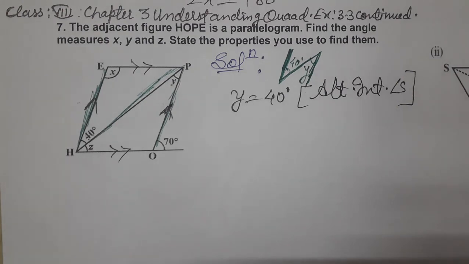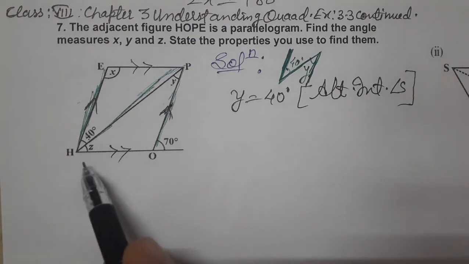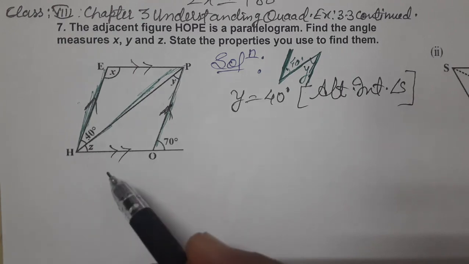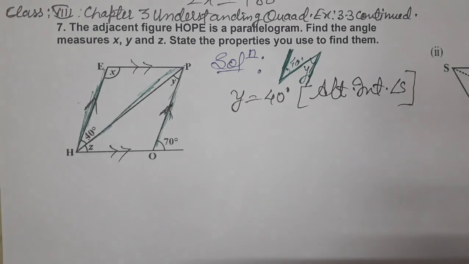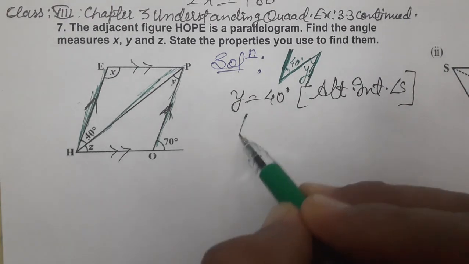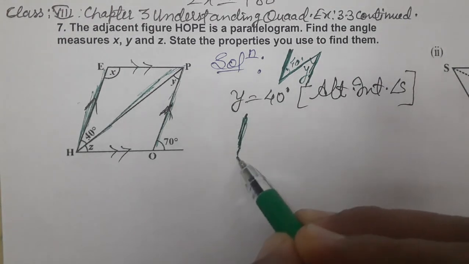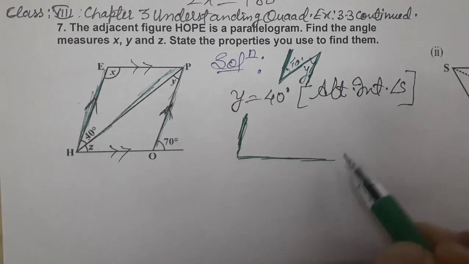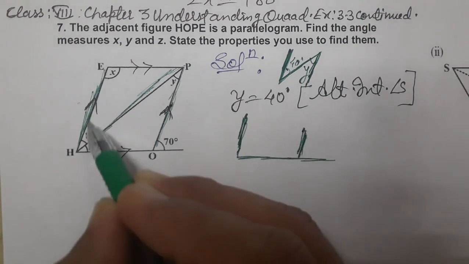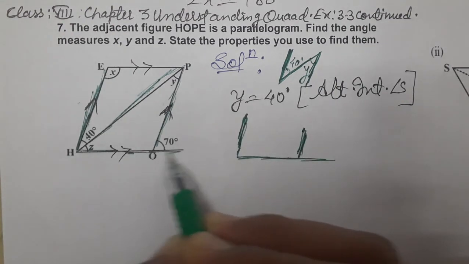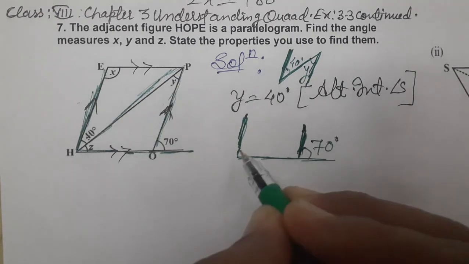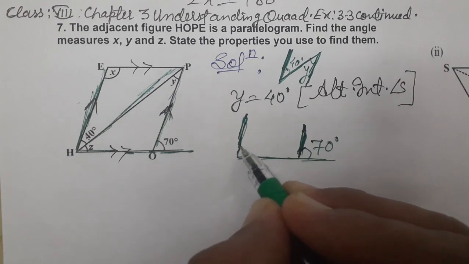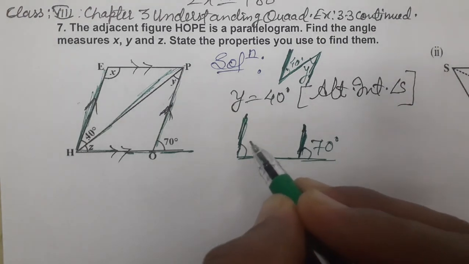Now children, we have to find out Z. We know corresponding angles also. So children, what are corresponding angles? See again, corresponding angles form F. This one is 70 and this is made up of two angles. Which are those? Z and 40.